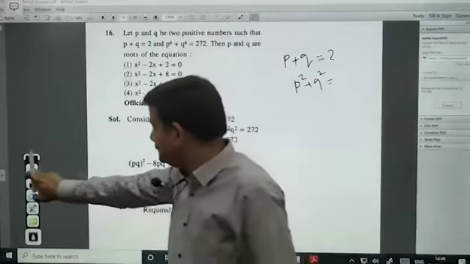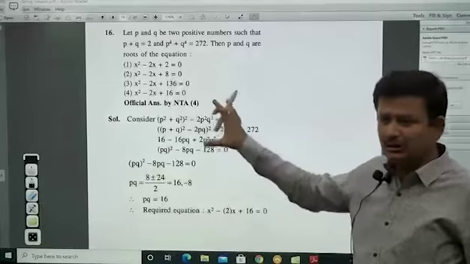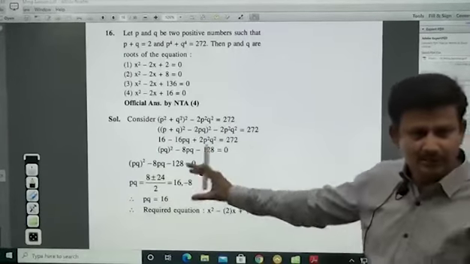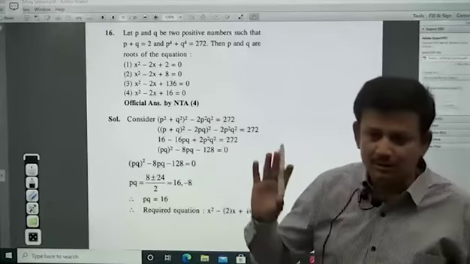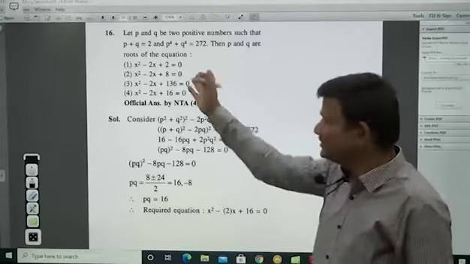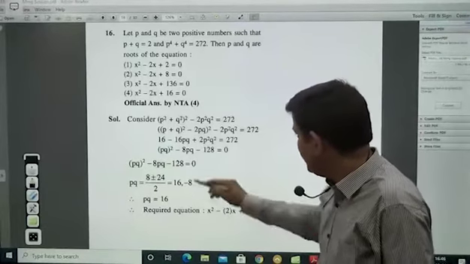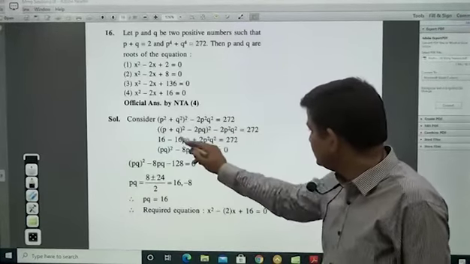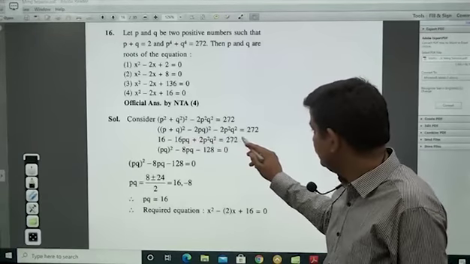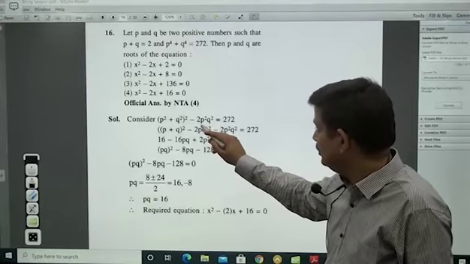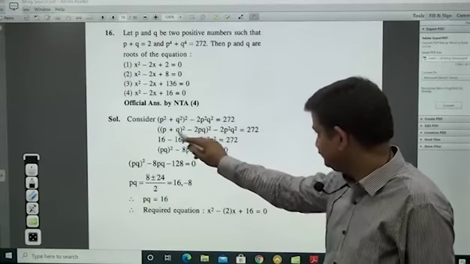It's wrong. Okay, so you need not do anything. He did it. He got some answer, but that answer is wrong. Why is it wrong? It doesn't make any sense to do all this. What mistake would he have made here? P square plus Q square minus... This is correct.